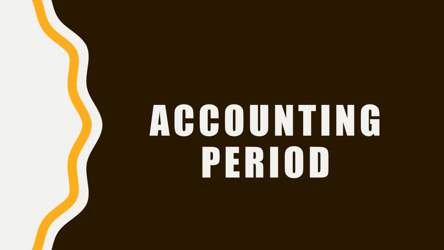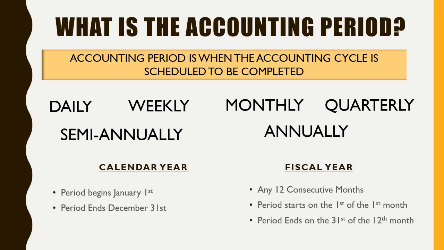All right. So now we can finally talk about the accounting period. The accounting period is kind of straightforward, kind of not. The definition of it is when you choose to schedule to complete the accounting cycle. All right?